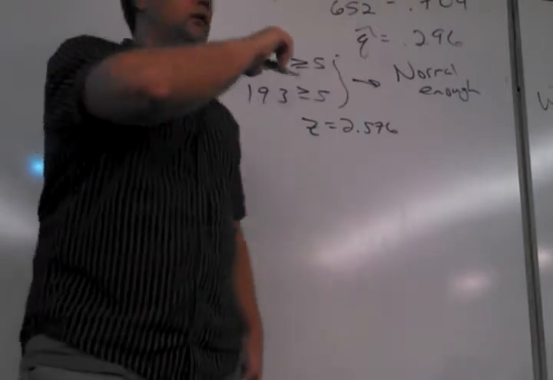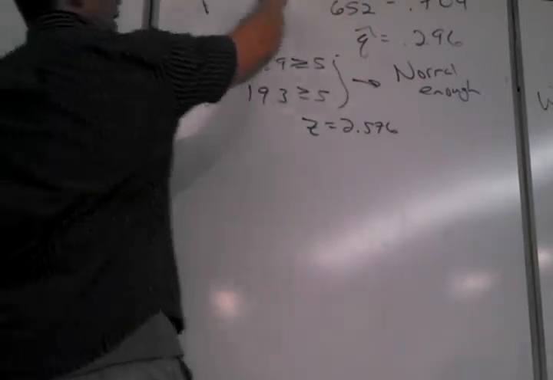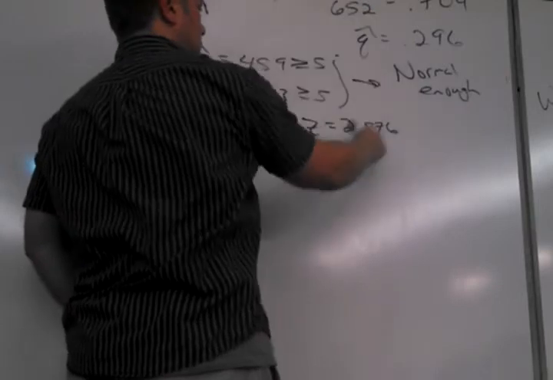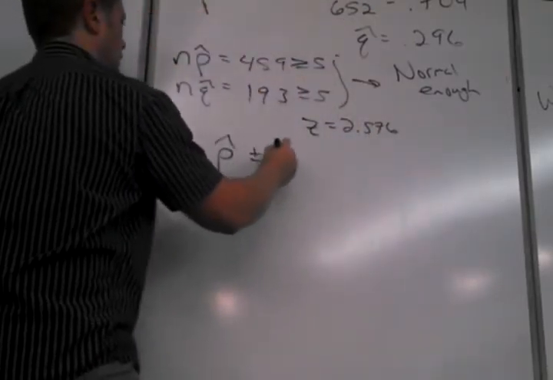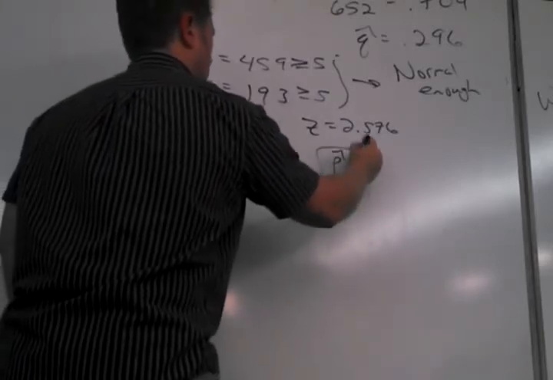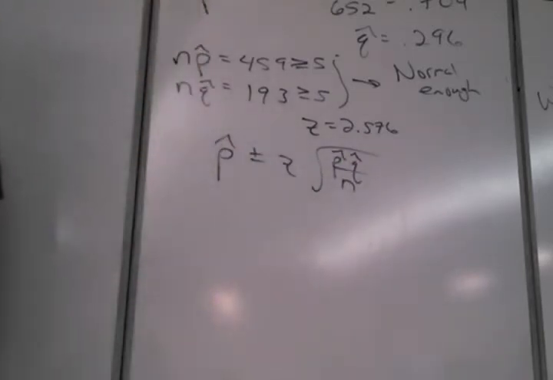So I've got my p hat, my q hat, n, and z. That's all I need. My formula is p hat, give or take, z times the square root of p hat q hat over n.